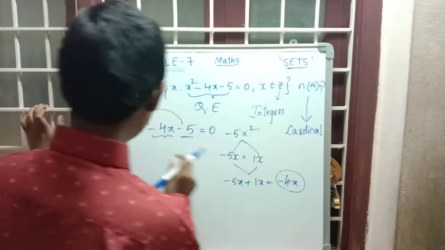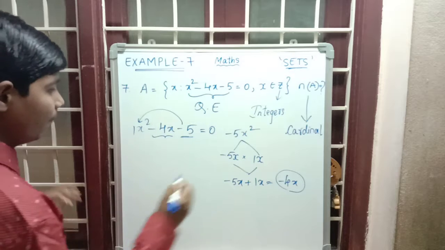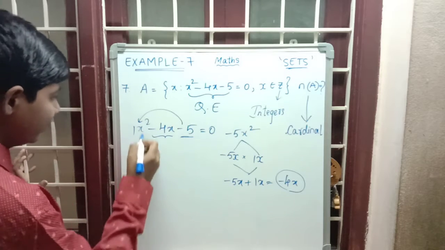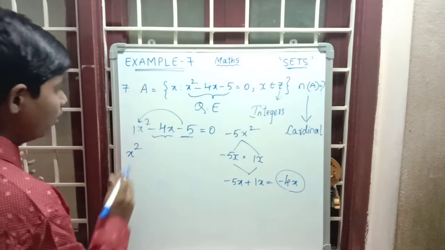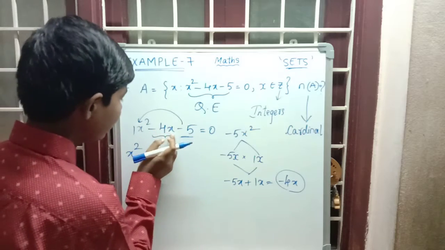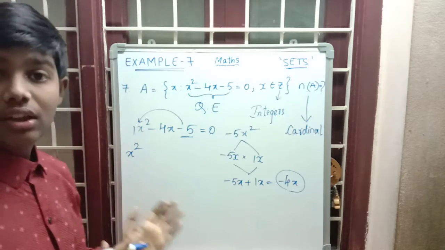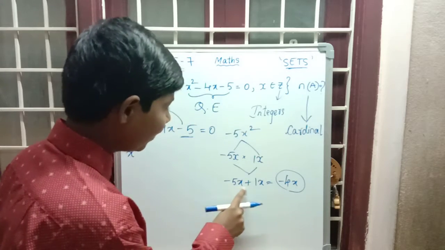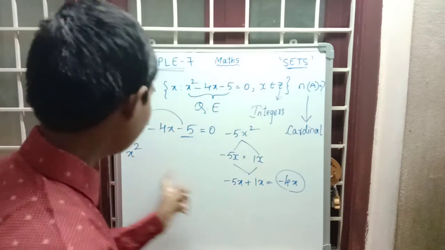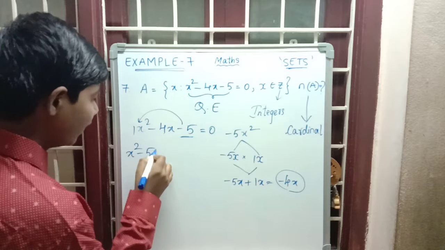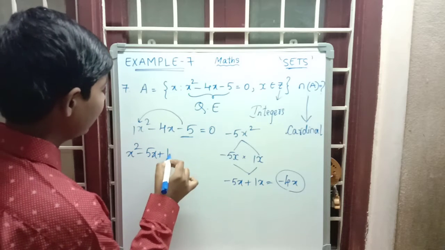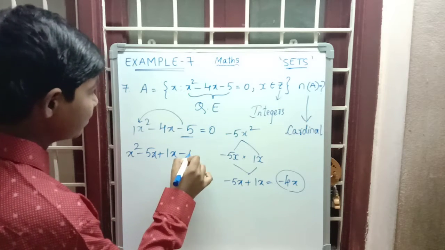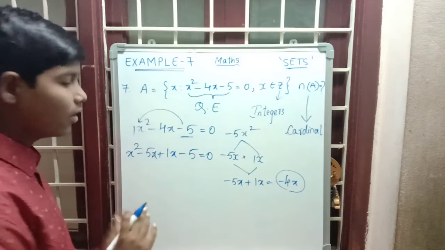Now the last step is, first write this x square. Only the minus 4x you have to change. You have to replace it with how we got the minus 4x: minus 5x plus 1x. So we have to write that here: minus 5x plus 1x, minus 5 is equals to 0.